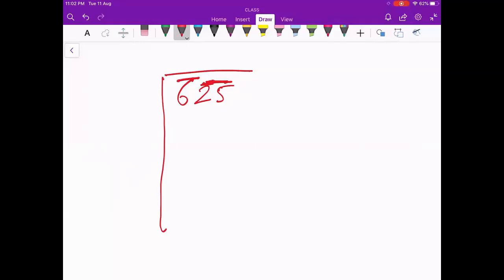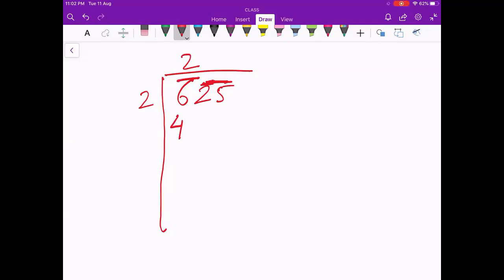Now think of the largest number whose square is less than or equal to 6. That will be 2. 2 square is 4. The square of 2 is just less than 6.